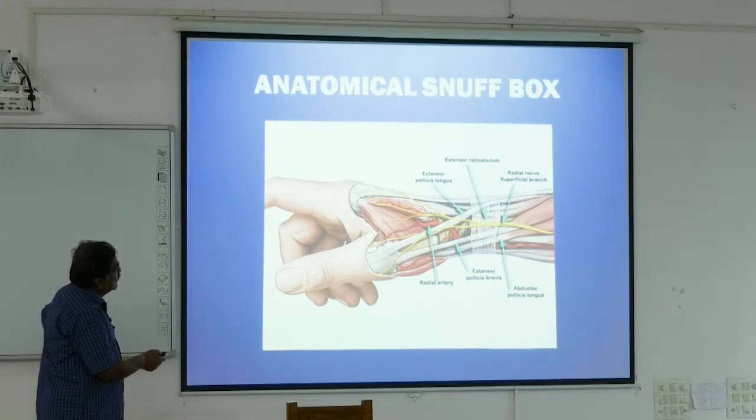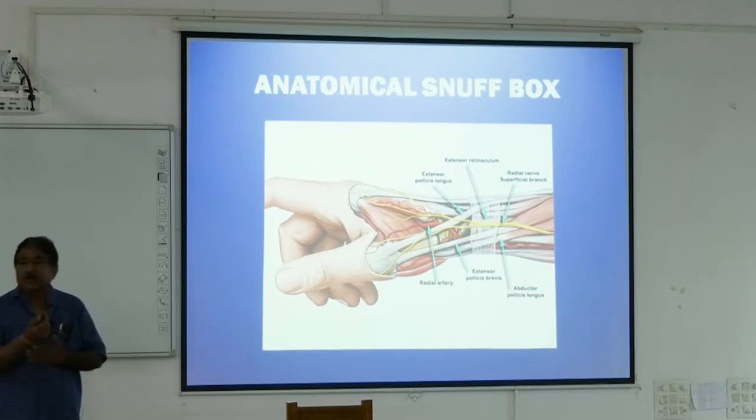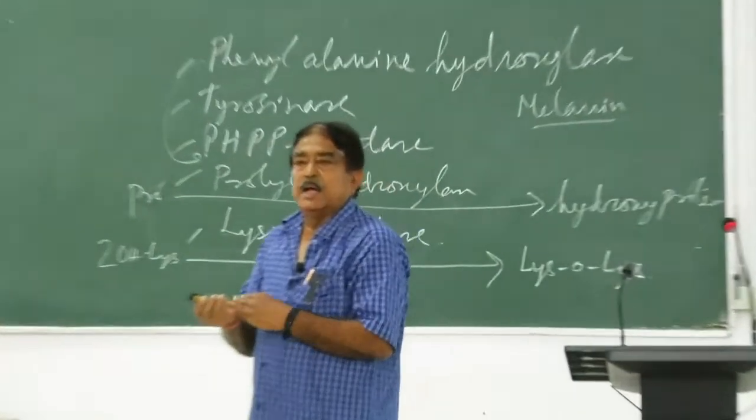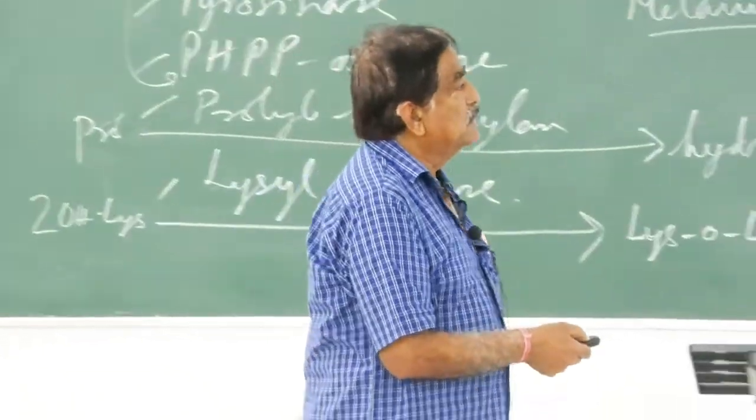This is the radial nerve, superficial branch. This is the extensor retinaculum. Now the flexor retinaculum is here, and this is the extensor retinaculum. Now this is the anatomical snuff box.